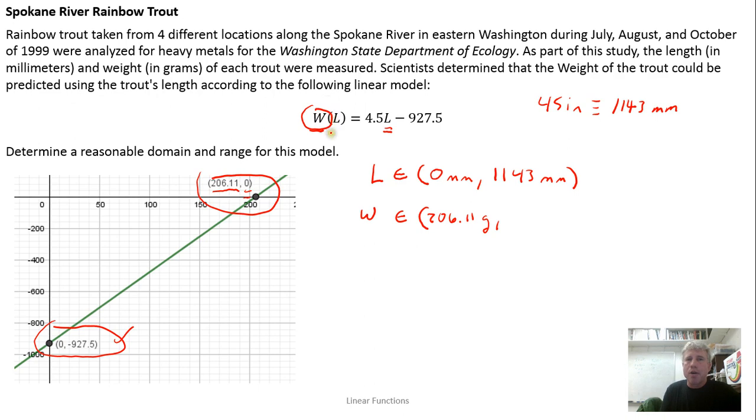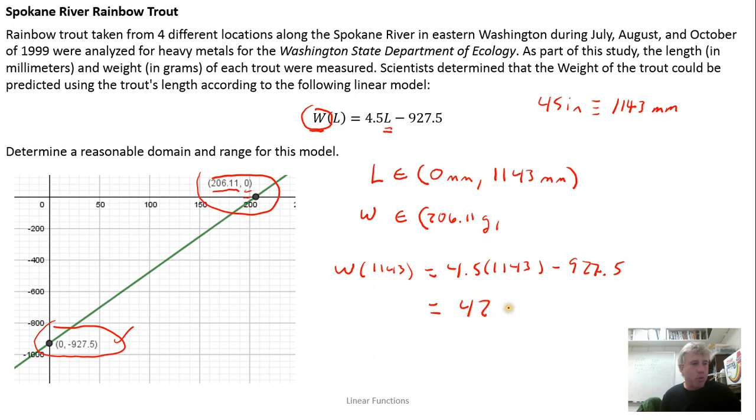So again, go back to the model and say, hey, what is the weight if we input 1,143, putting the length in where L goes, equals 4.5 times the length minus 927.5, and the length that we're inputting is 1,143. Multiply 4.5 times the 1,143, subtract your 927.5, use a calculator if you need to.